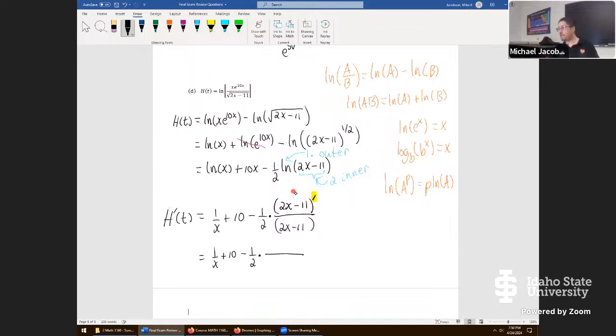The denominator can't change, so just 2x minus 11. But the derivative of this numerator becomes a 2. And that means there's more steps. We get to simplify it because the 1/2 here can cancel the 2 up here. So here's the cancellation. Leaves behind a 1, and so now we have 1 over x plus 10 minus 1 over 2x minus 11. So that was a pretty tough problem.